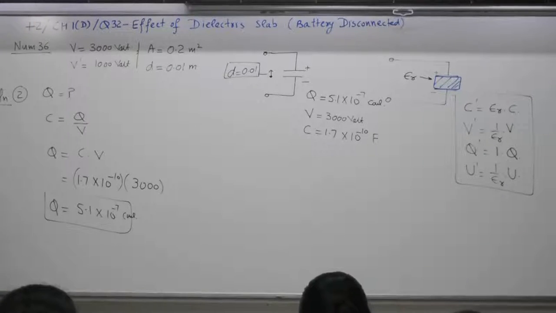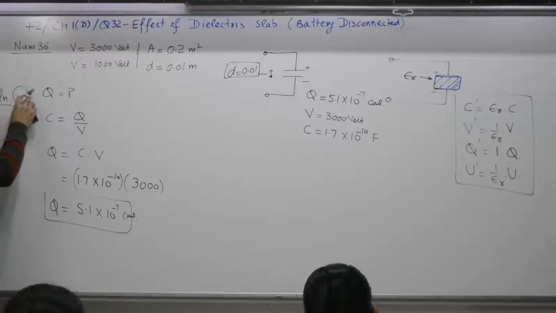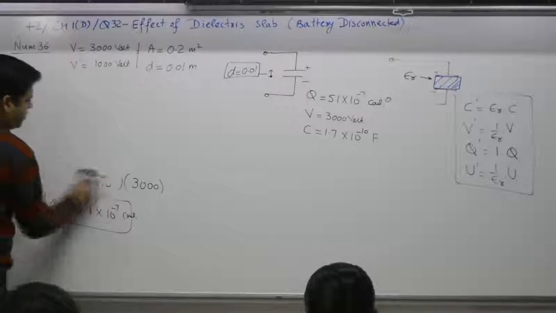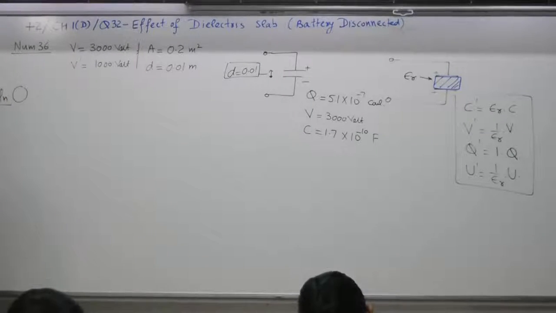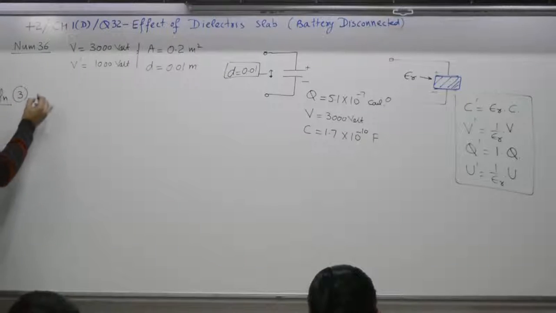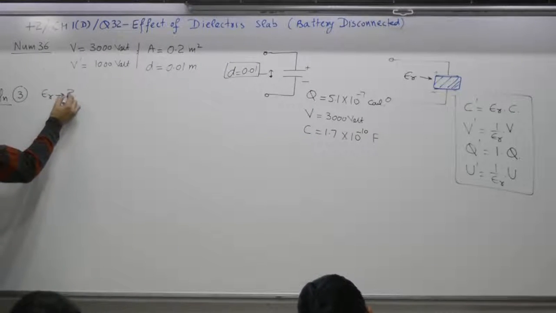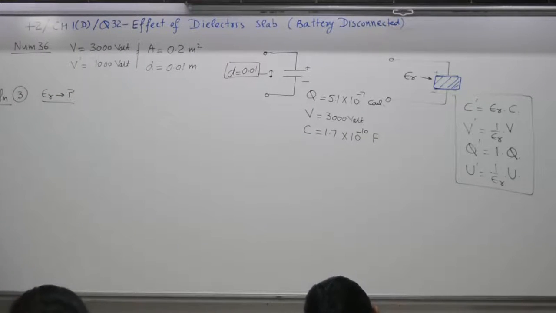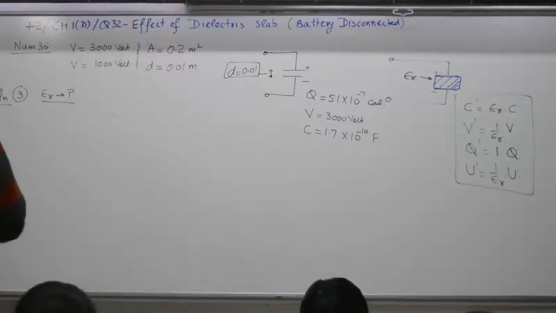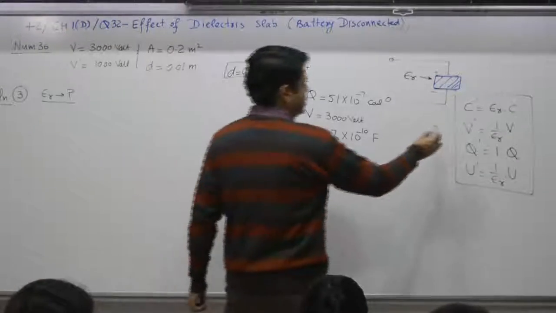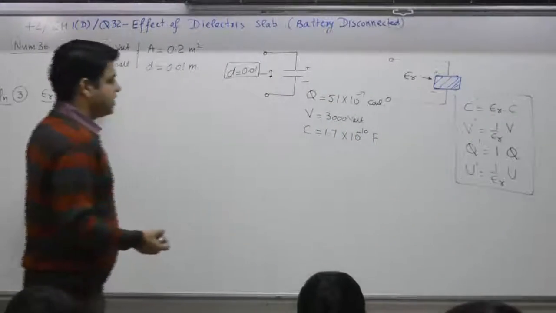Part 3: dielectric constant of the material, epsilon R. How do you find epsilon R? What is the value of V dash? V dash is given as 1000 volt.